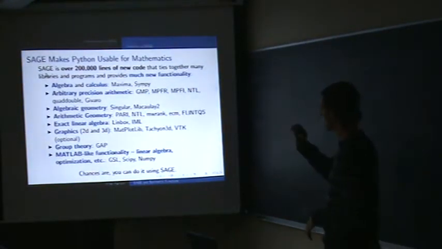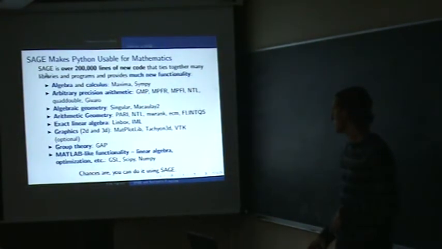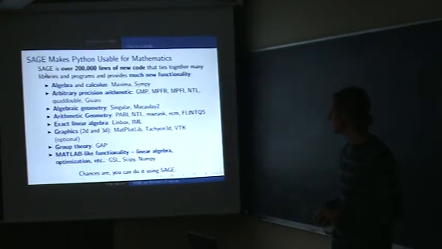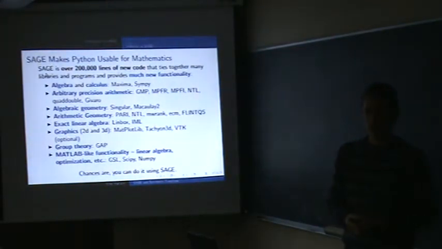So for algebra and calculus, what used to be the standard open source computer algebra system for doing symbolic calculus is Maxima. And there's a relatively new project called SymPy, which is a pure Python implementation for working with integrals, limits, all those sorts of things.